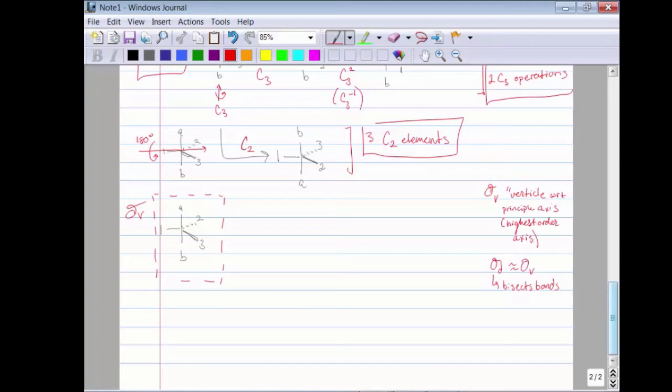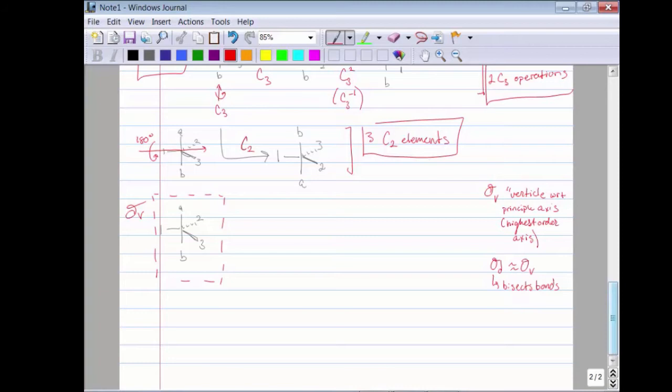Can you say the rules again? If the mirror plane is coplanar with the principal axis, it's a sigma V or a sigma D. Okay? If it's bisecting bonds rather than going through bonds.